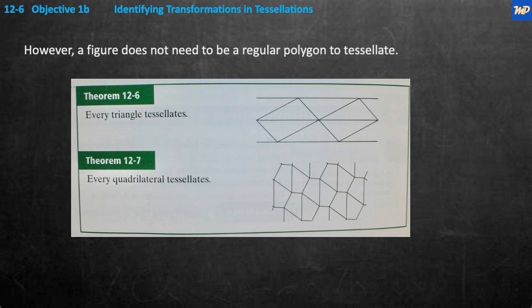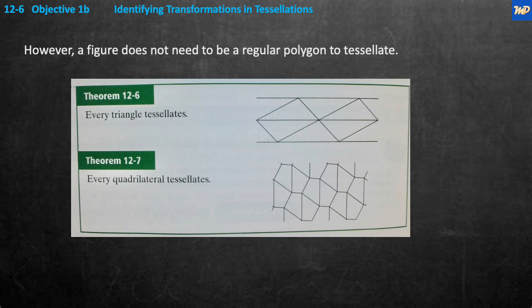So objective 1B, identifying transformations in tessellations. It says, however, we should note that a figure does not need to be a regular polygon to tessellate. In the previous slides, we were looking at an 18-gon or a triangle, which was a regular polygon. They're telling you here it doesn't need to be a regular polygon to tessellate.